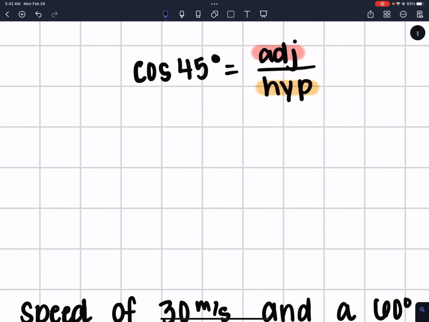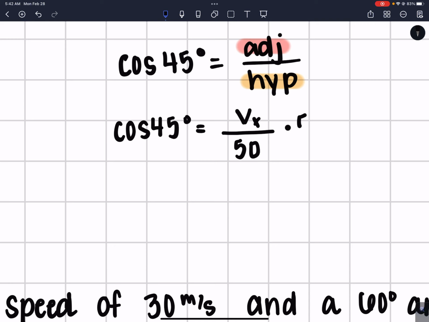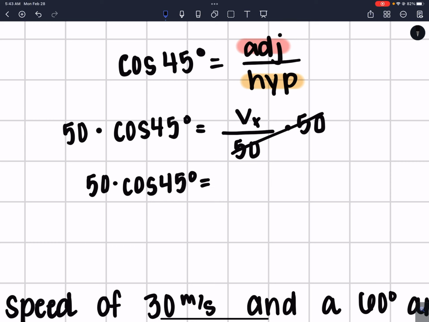Now I'm going to solve for my cosine function. So I know the cosine of 45 degrees is going to equal my horizontal speed divided by my hypotenuse. And I'm going to undo the divide by 50 by multiplying by 50 on both sides. And when I do that, I'll just have to figure out what 50 times the cosine of 45 degrees is, because that will equal my horizontal speed.